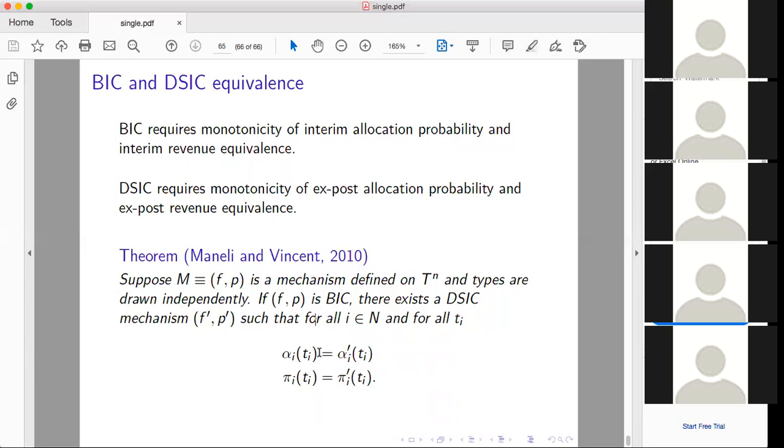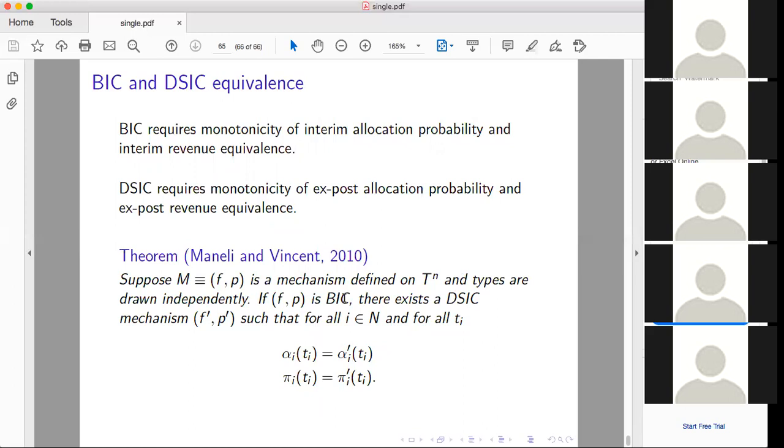So it looks like, at least for single object allocation problems where types are drawn independently, the BIC mechanisms are not really a bigger class than DSIC mechanisms. It may look very different ex post, but interim, it is the same.